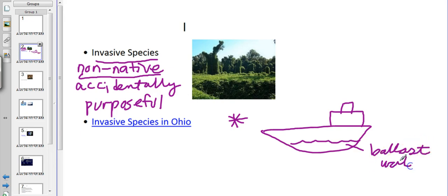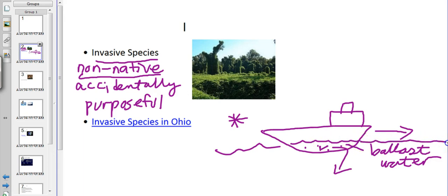And this ballast water actually contains organisms. And so these organisms are all in here, and the ship makes its transatlantic journey to the U.S. And then in order for the ship to maintain proper buoyancy, they have to dump that water out, and they dump it into the nearest waterway that it's in.